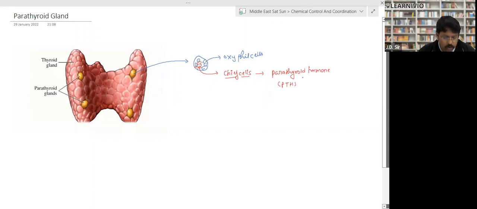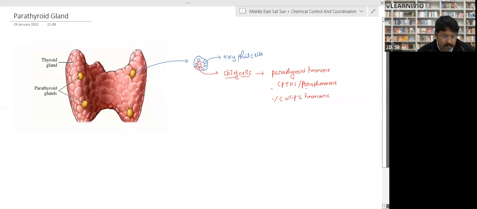This is also known as parathormone. Both are the same thing. Parathyroid hormone or parathormone is also known as Collip's hormone.